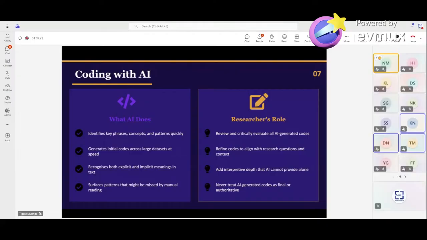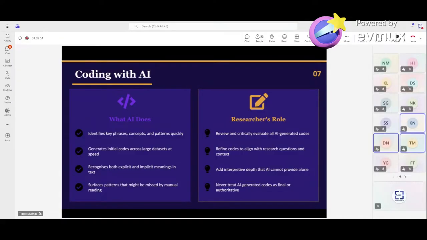What AI does, number one, it identifies the key phrases, the concepts, and the patterns quickly in the coding process. Remember, you need to start with the coding process. Number two, it generates initial codes across large data sets at speed. Number three, it recognizes both explicit and implicit meaning in the text, and it surfaces patterns that might be missed by manual reading.